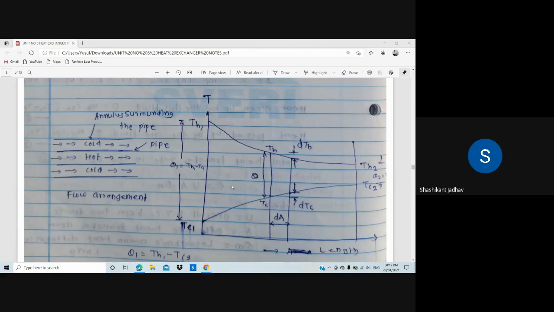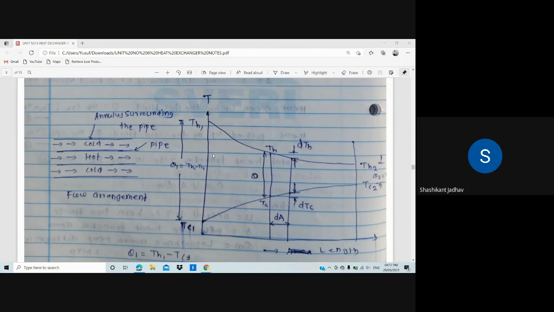Okay, and we are considering one small elemental area. Its area will be dA, so we have denoted it at the center as dA. What is the temperature of the hot fluid at that particular dA? That is TH, and the temperature of the cold fluid is TC. And what is the temperature difference? That is theta.